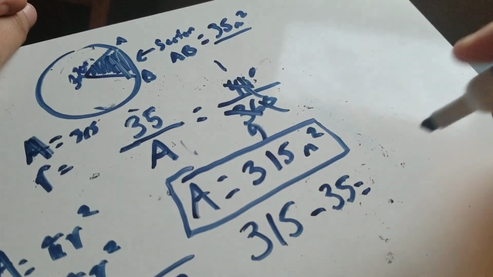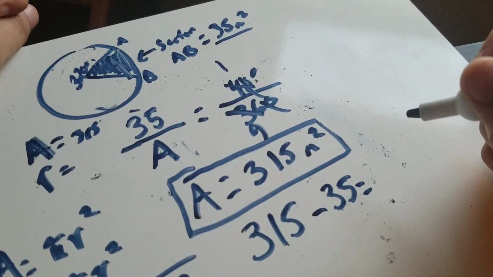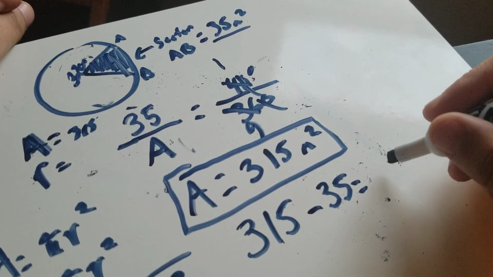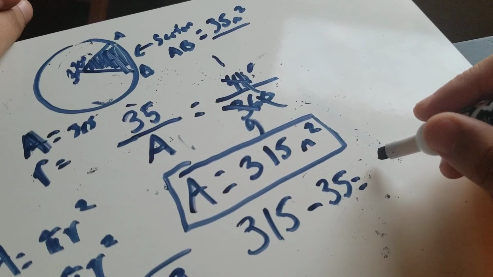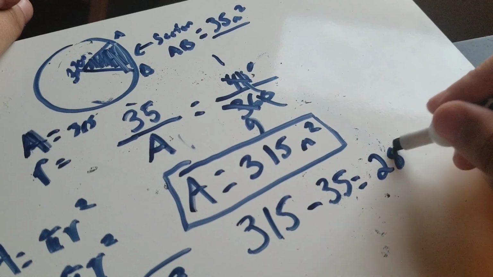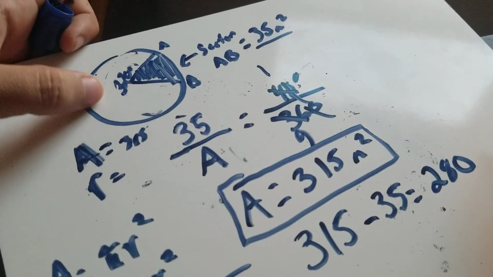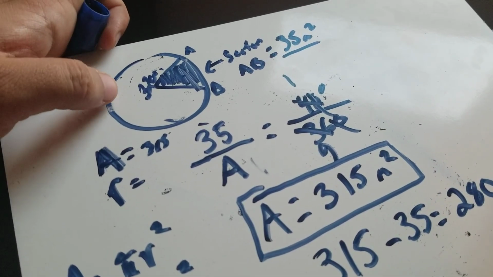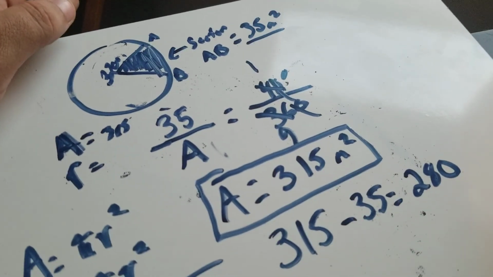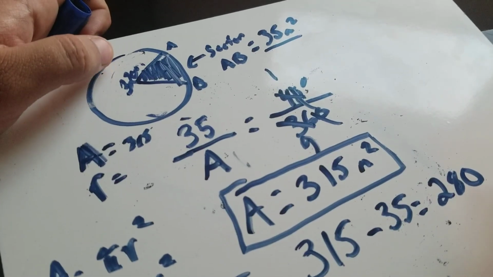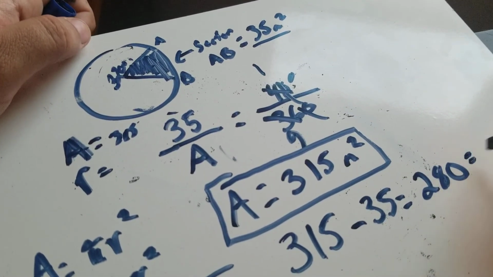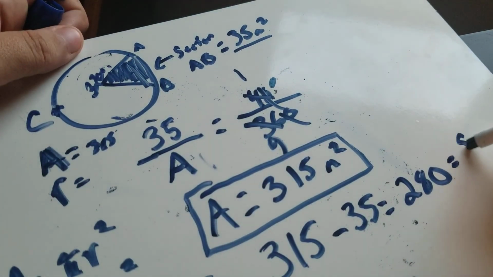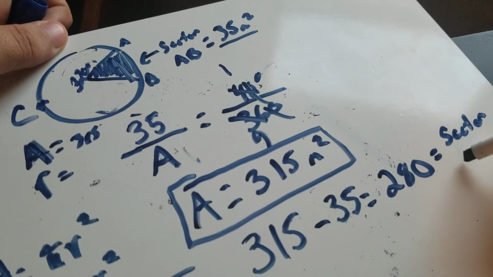So 315 minus 35 is 280. So this white spot here, which you would call the major arc of AB, and I guess I should just put a C here, would be the sector of arc ACB.